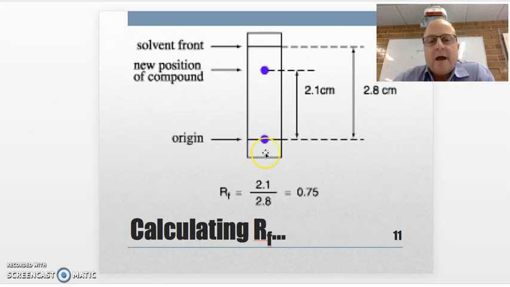So the RF value, as we said in this definition, is the distance a component of a mixture has travelled along a stationary phase with the mobile phase, relative to the total distance the mobile phase actually travelled. If we look at this diagram, we had a mixture here that was put on the stationary phase, and the mobile phase started to move along the stationary phase at this same point where the mixture is.